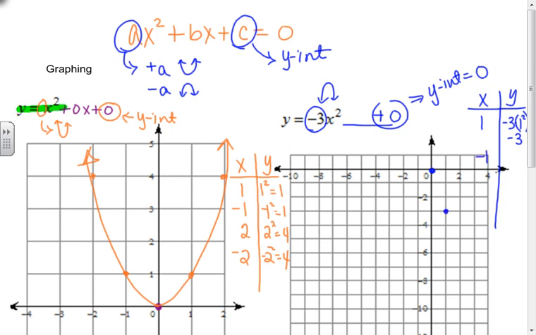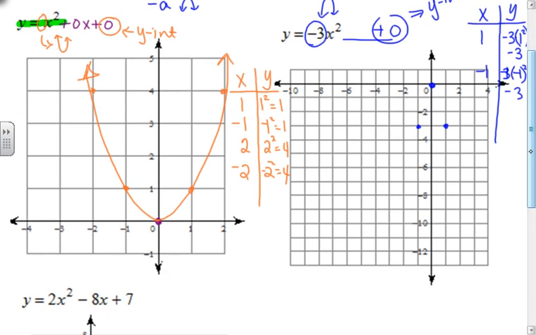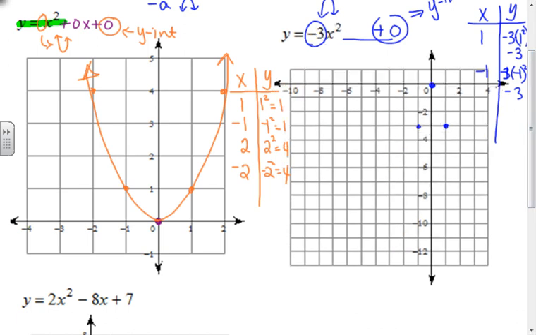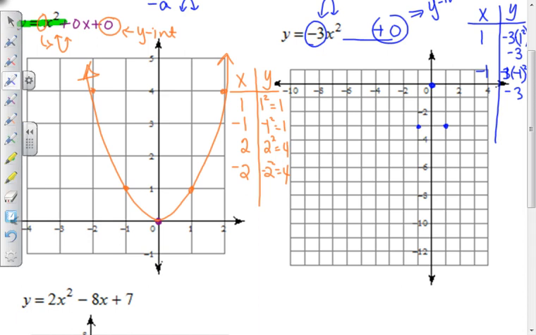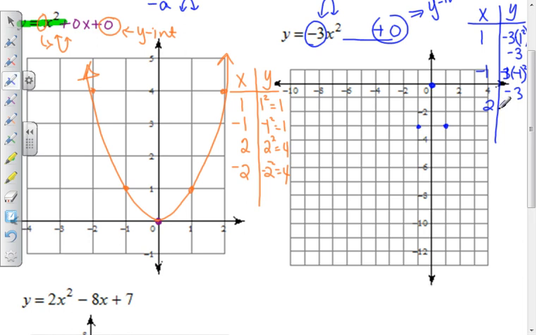If I put negative 1 in, I have negative 3 times negative 1 squared. Negative 1 squared is positive times negative 3. I still get a negative 3. So I can see my line of symmetry developing. And so if I continue, I should do a couple more. So let's do 2. If I put 2 in, I have negative 3 times 2 squared. 2 squared is 4. 4 times 3 is negative 12.